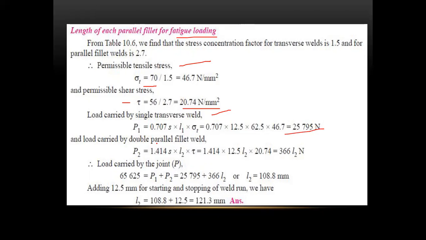The load carried by the double parallel fillet weld is equal to this one. Load carried by the joint is therefore P1 plus P2. L2 is equal to 1.8 mm. Adding 12.5 mm for starting and stopping of the weld, 1.8 plus 12.5, that is 14.3 mm.